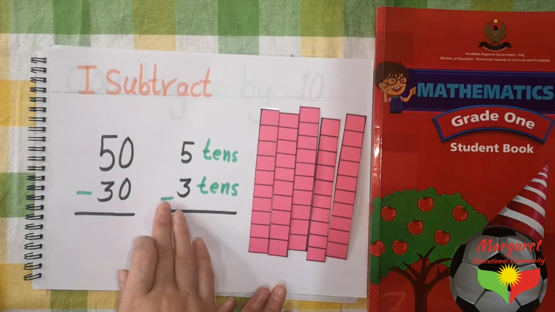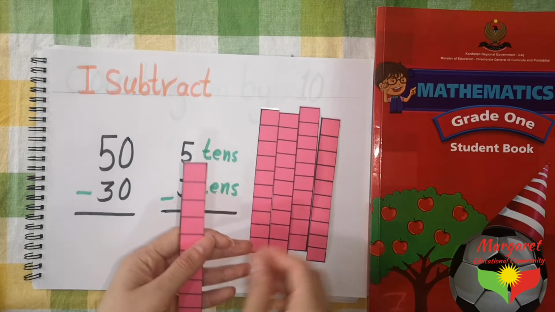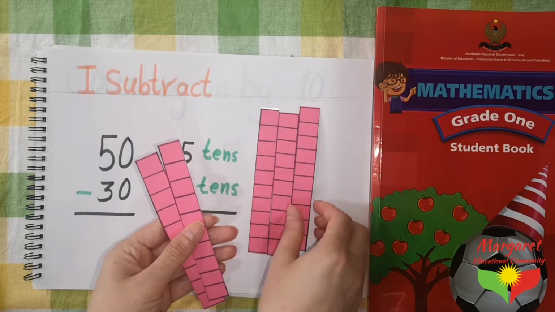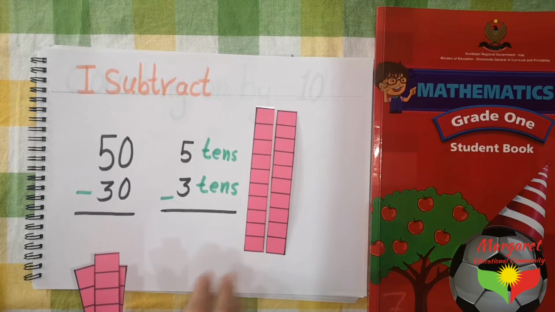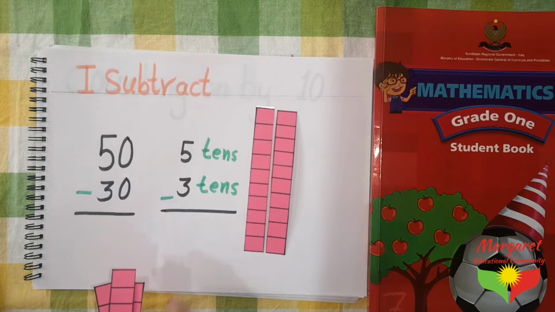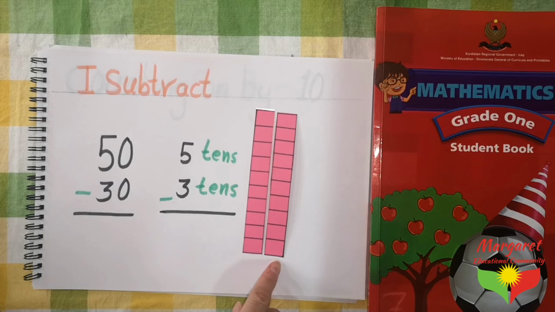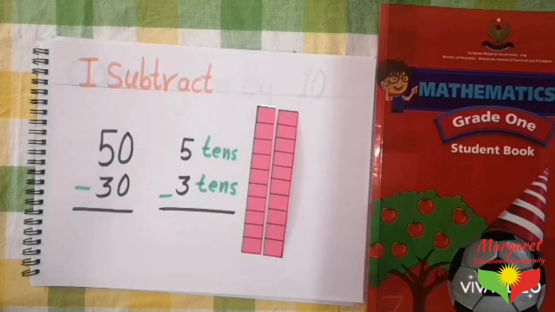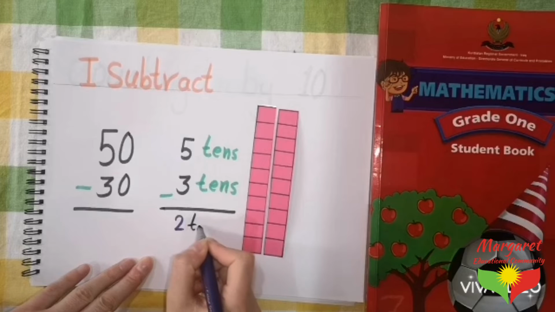If we take away 3 tens, 1, 2, 3. How many tens place are left? Yes, 1, 2. So 2 tens are left. Yes, we write 2 tens.